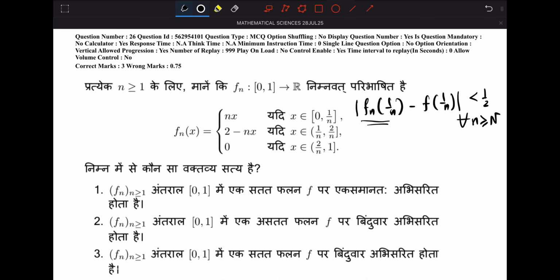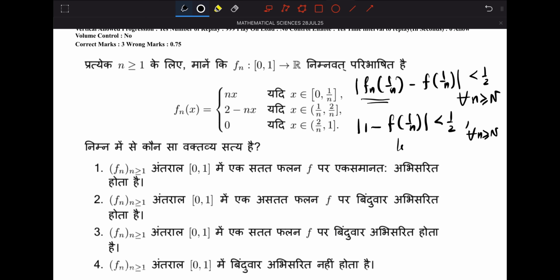So we have 1 minus f(1/n) less than half for all n greater than or equal to N. But the limit as n tends to infinity of f(1/n) is 0. Correct? So that is not possible here.